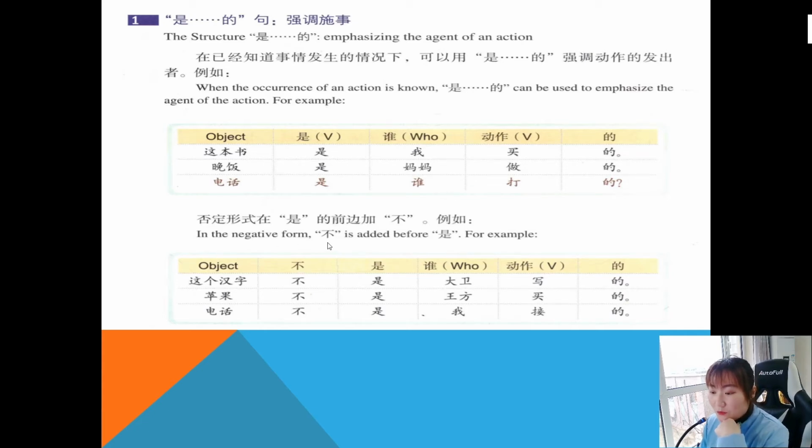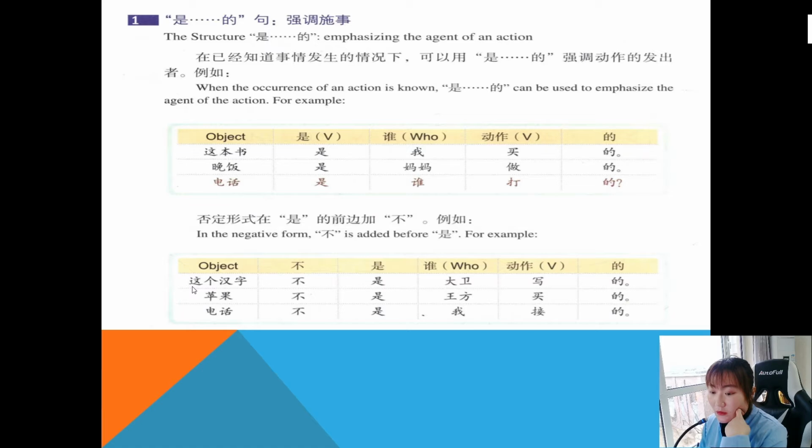And negative form add 不 before 是 So here this one, the first object. So you should know that to emphasize this sentence, the object should be located in the first position of the sentence. So object and 是 something.